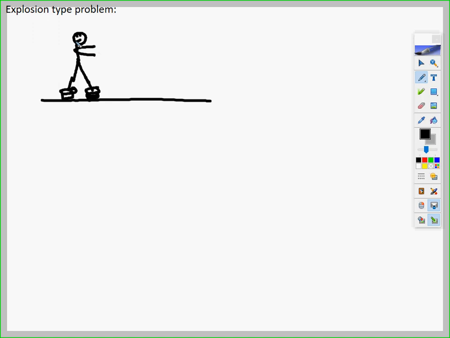Two ice skaters are going along together, and they're moving forward at 2 meters per second. And let's say the mass of the second person here is 60 kilograms, and the mass of the first person up here is 40 kilograms.